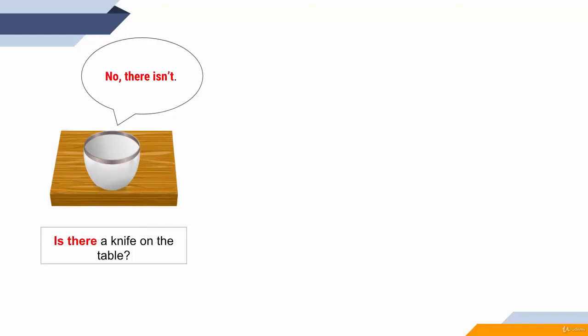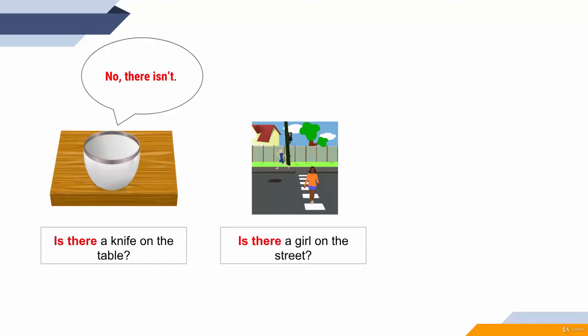You change the places of is and there and you form the question. Is there? Yes, there is. Positive answer. No, there isn't. Negative answer.